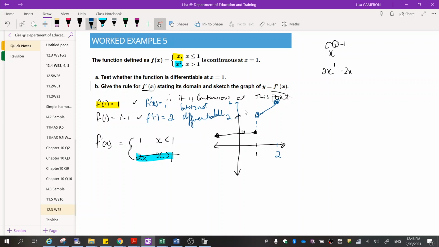Okay, and then we've gone down here, we've sketched our graph. Now we're going to state the domain. And the domain is your possible x values. So, in this direction, I can keep going past the graph.